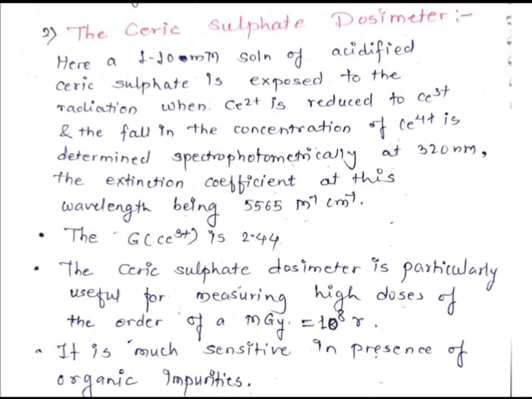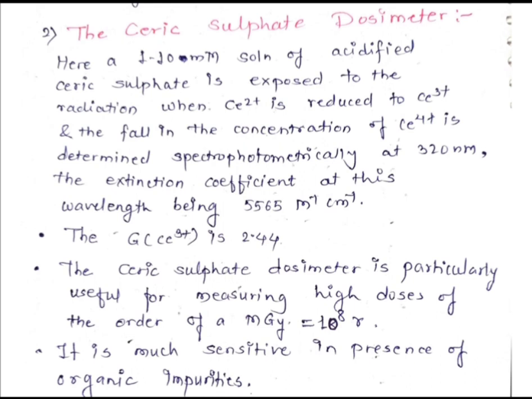And the molar extinction coefficient for the 320 nanometer wavelength is 5565 per molar per centimeter. So the molar absorption coefficient is 5565, when the cerium 4+ concentration decreasing is measured at the 320 nanometer wavelength.